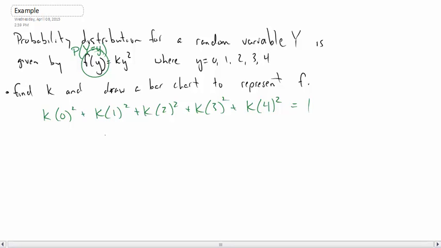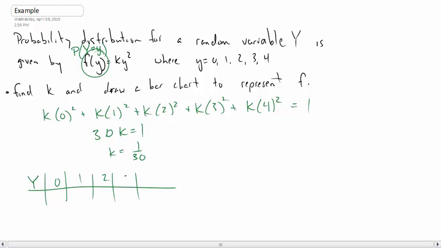And what we end up with is 30k equals 1. So k is 1/30. So my probability distribution, we have values for y. And the probability that y takes on a specific value: the probability of 0 is 0.